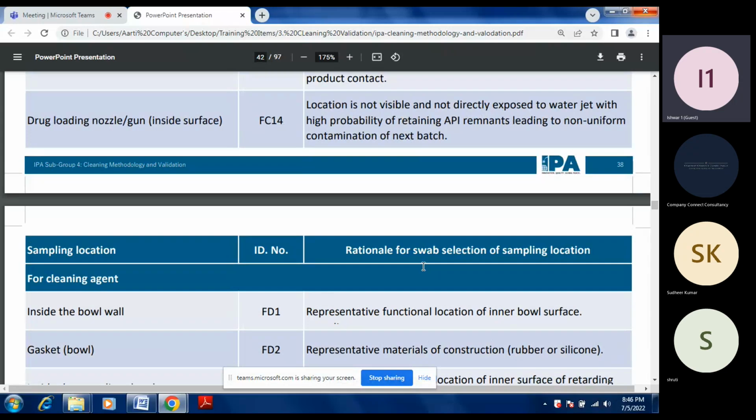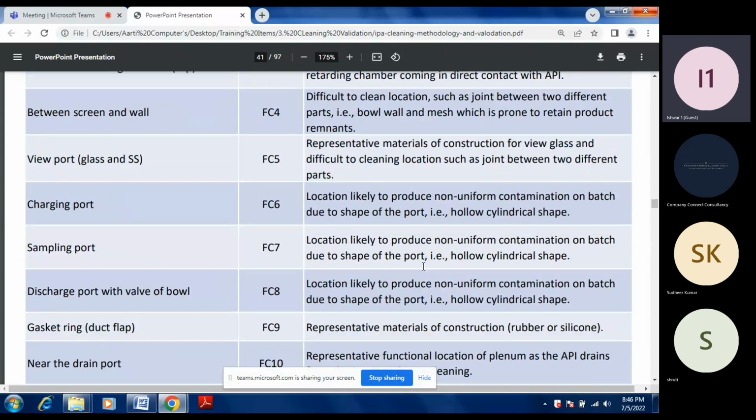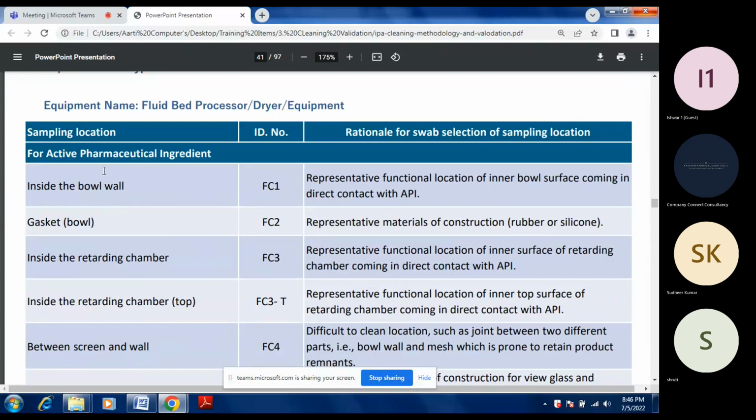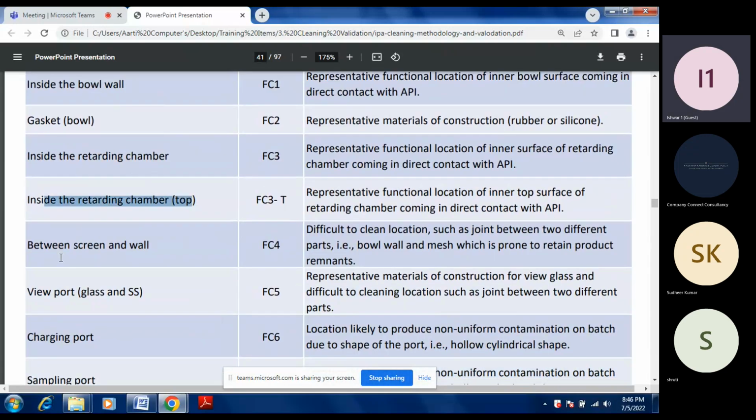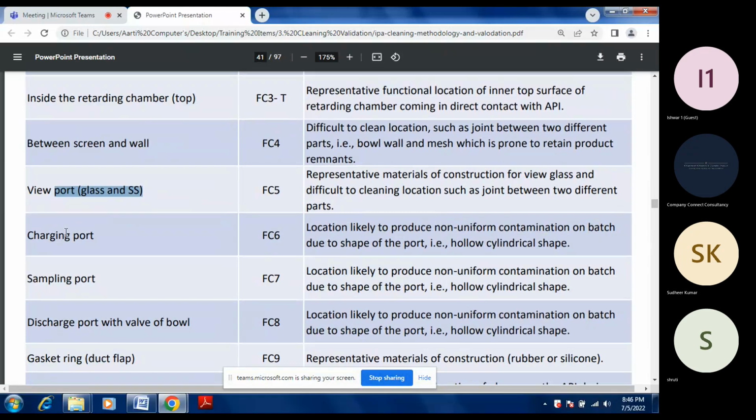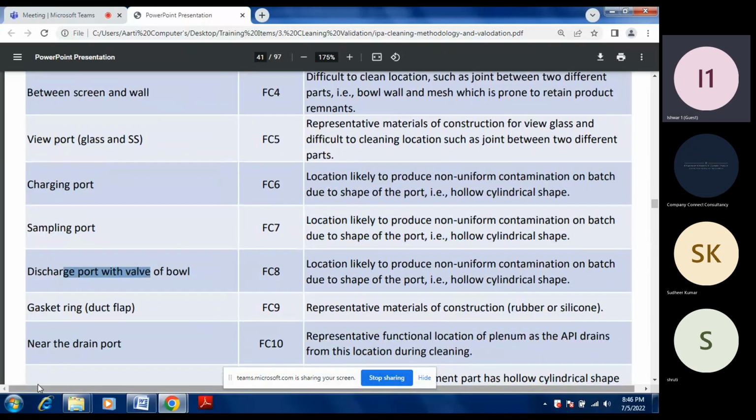The locations in the FBD are inside the bowl, the gasket of the bowl, inside the retarding chamber top, between the screen and wall, view port, glass view, SS cleaning port, sampling port, discharge port, and gasket ring near the drain ports.